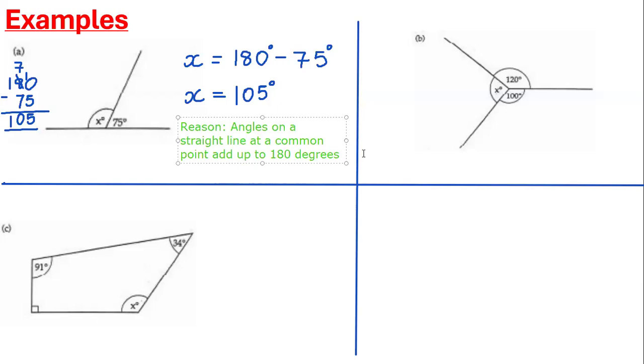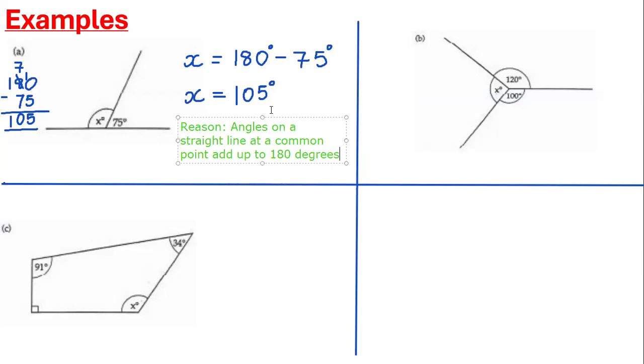Joseph, do you understand how we got x is equal to 105? You say 180 take away 75, and then that would equal 105. Why do we say 180 minus 75? What's the reason? Okay, to be honest, I don't know the specific reason.